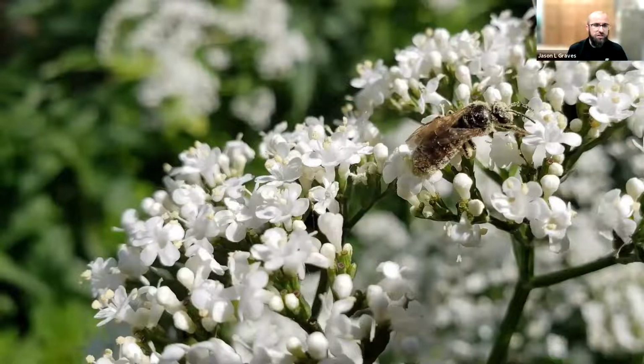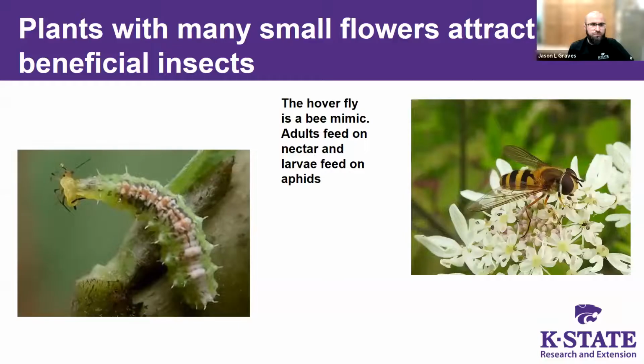Here is a picture I took of a Valerian plant in my garden, and you see this little sweat bee crawling over it, with all these little flowers clustered on top. That bee was just having a great time, obviously finding lots of pollen and nectar on top of those small little flowers.